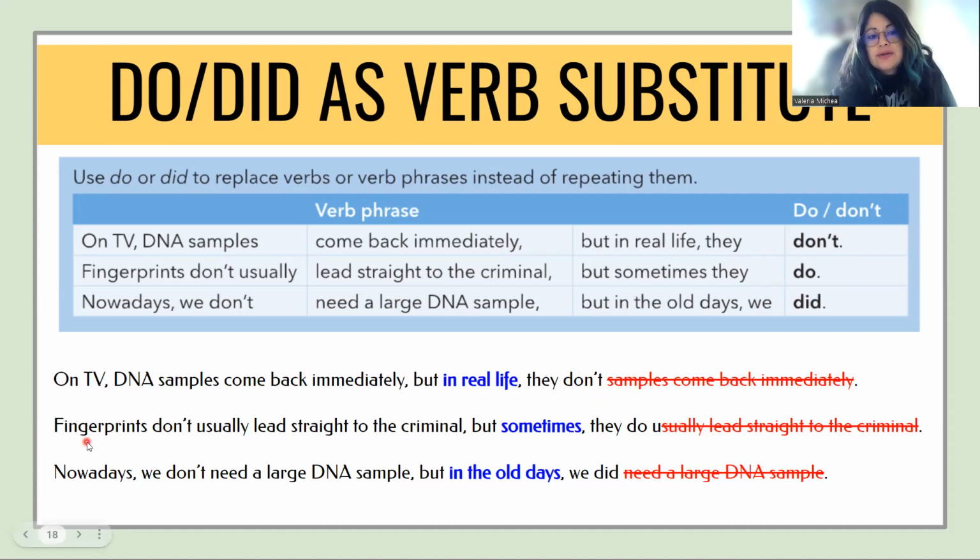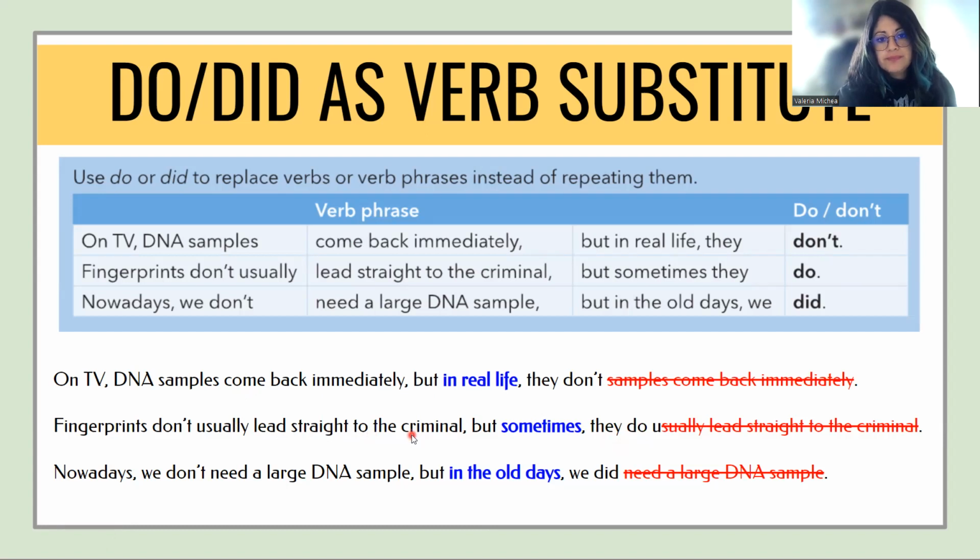Let's have a look at the second example. Fingerprints don't usually lead straight to the criminal, but sometimes they usually lead to the criminal. Now, it doesn't make sense. Why would you repeat the same verb? So instead of repeating usually and all the things that come after that, we use sometimes and they do. They do replaces lead straight to the criminal.